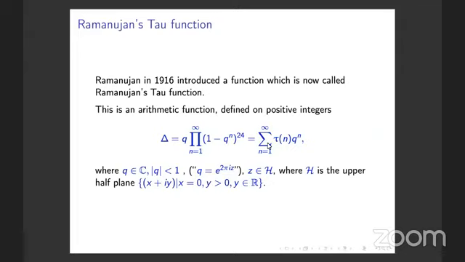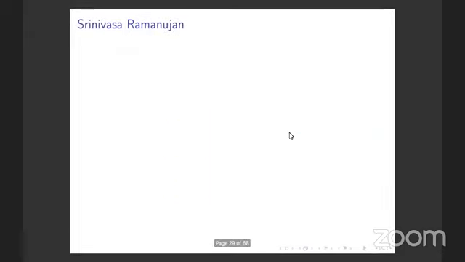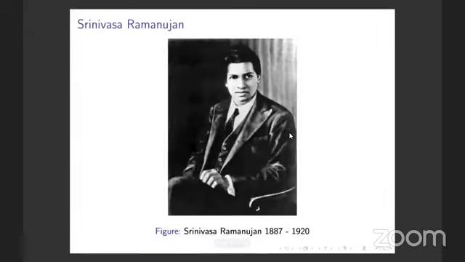But strangely enough, it also has an expression as an infinite sum, the summation of q to the power n times some coefficients, and those coefficients are called tau of n. It's a very convoluted way of defining it, and it's really remarkable that Ramanujan understood that this infinite product has an expression as an infinite sum. He himself computed the first n values of it. Here is a picture of Ramanujan.